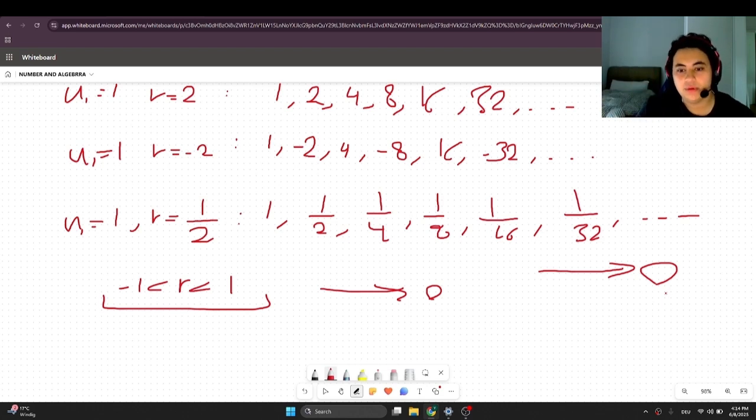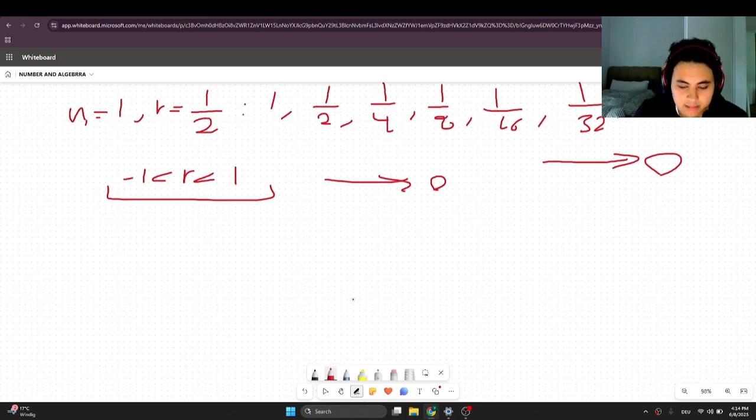It's going to infinitely approach 0. That's something very important to keep in mind. Cool, so let's move on.